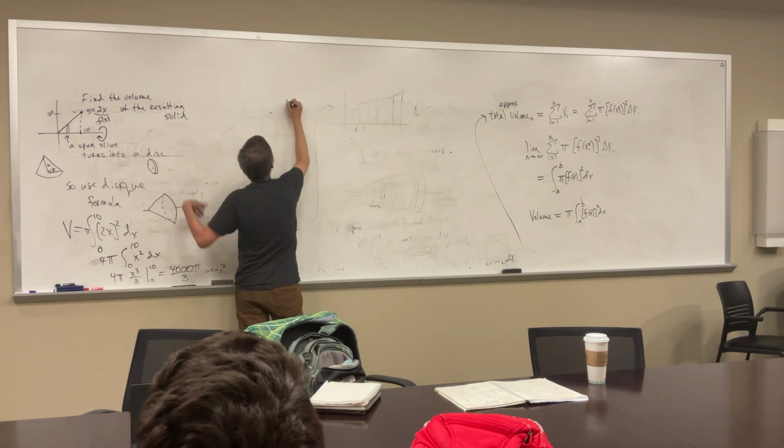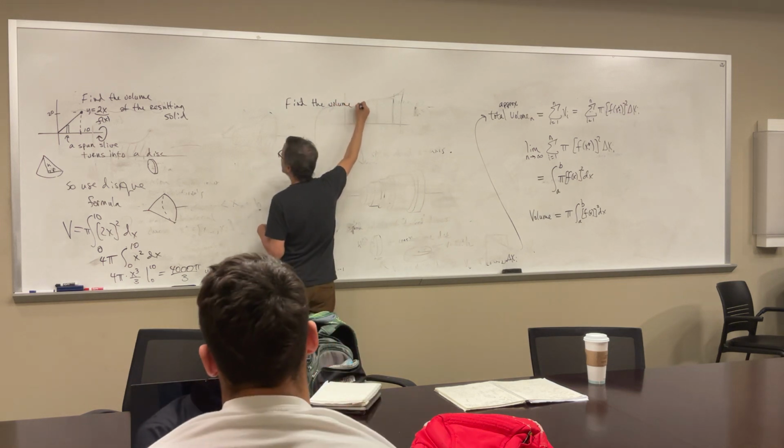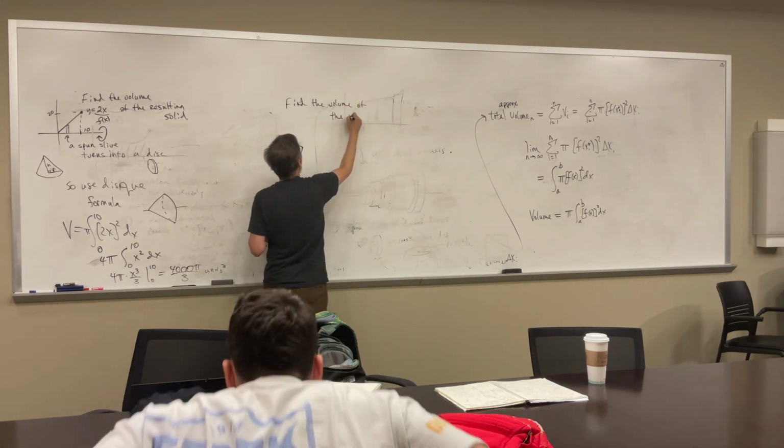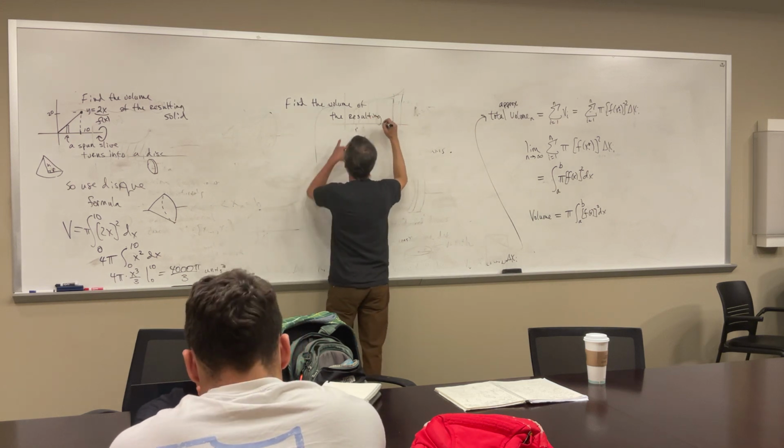So do the same thing. I'm going to ask you to find the volume of the resulting solid. That's always going to be the question for the next week, probably.